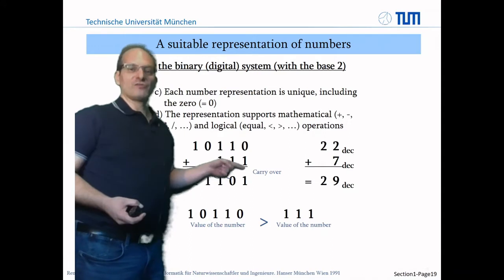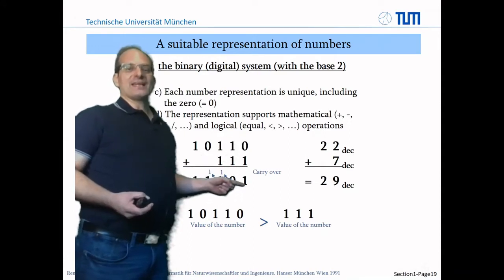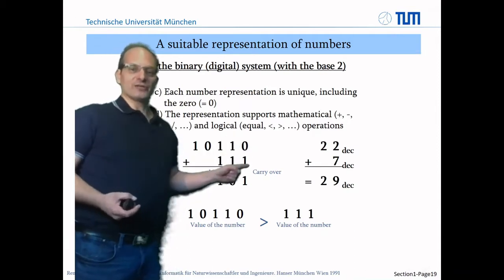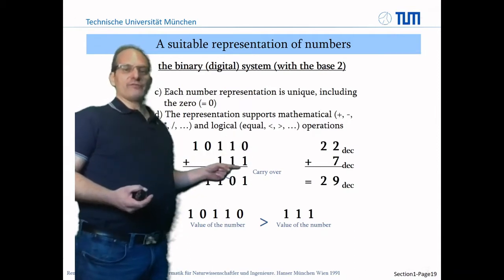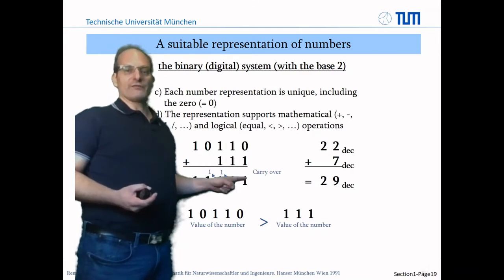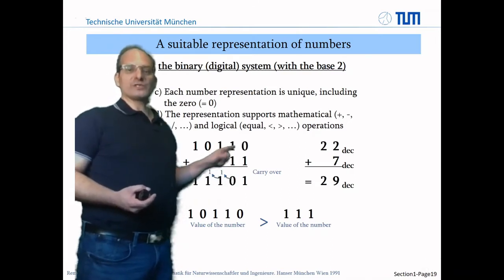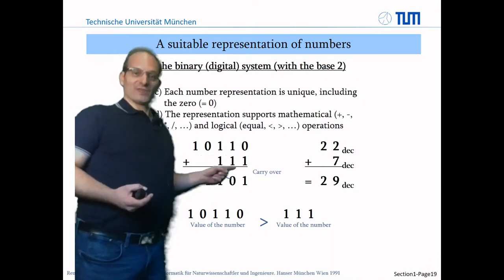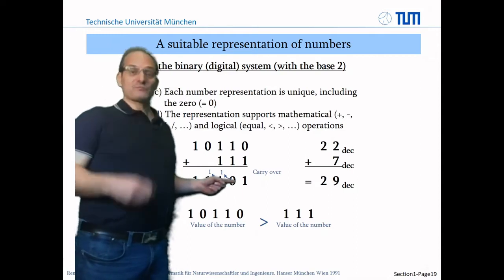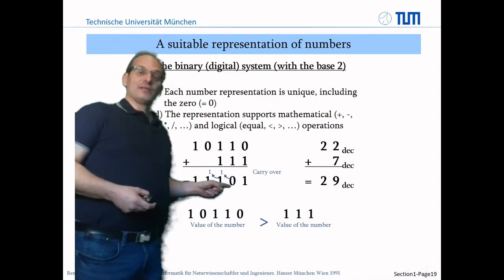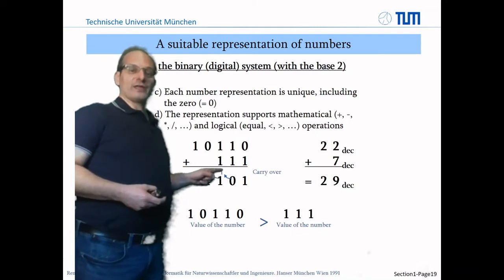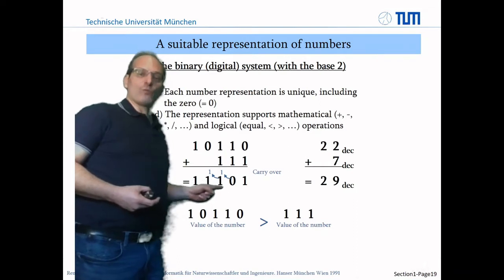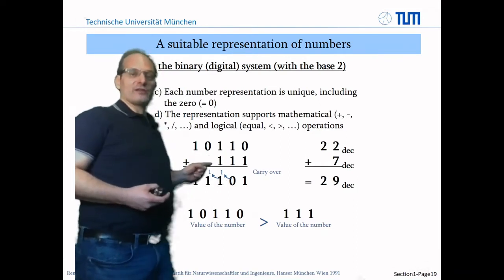You have this value plus this value is this, and if you reach a number which is greater than what can be represented here, then you have a carryover. So you have here 1 plus 0, which is 1. You have no carryover. Then you have 1 plus 1, which is 1, 0, which means 1 plus 1 is 2, and 2 cannot be represented with 1 bit, and therefore you have 0 and 1 carryover. Then you have 1 plus 1 plus 1, which is 1, 1. So you have 1 here and a carryover of 1, and then you have 1 plus 0.